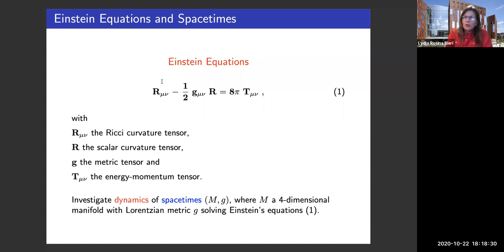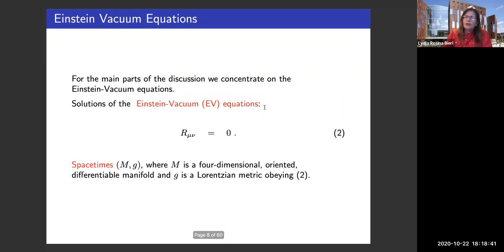All right. By looking at these equations, you can also say on the right-hand side, if I just want to observe pure gravitational effects, then I can put the right-hand side to 0, and then we end up with this equation. It takes maybe a line or two to prove that if the right-hand side is 0, then you end up with this equation saying that the Ricci curvature of the full spacetime manifold is 0.